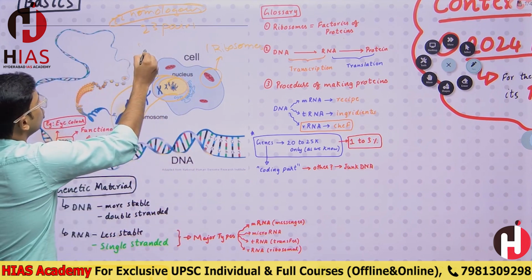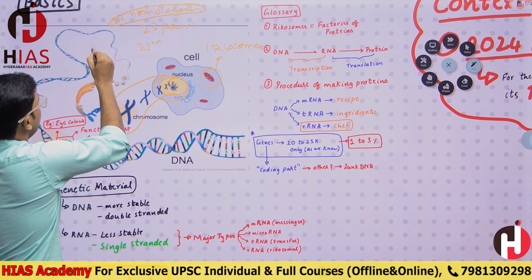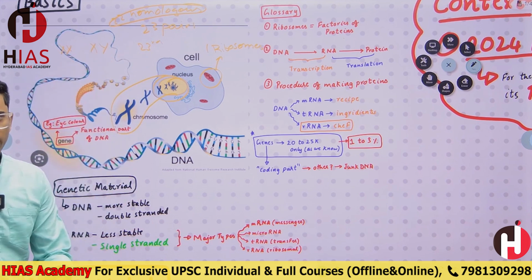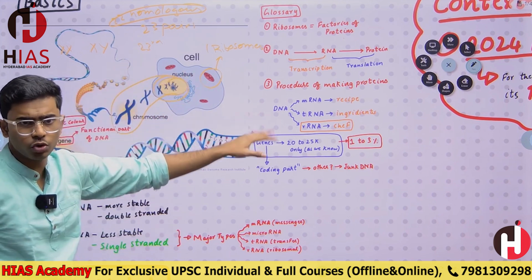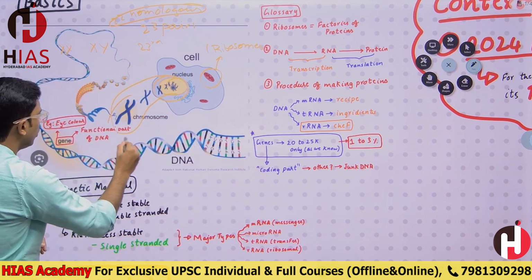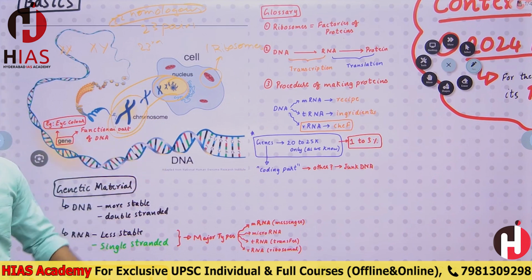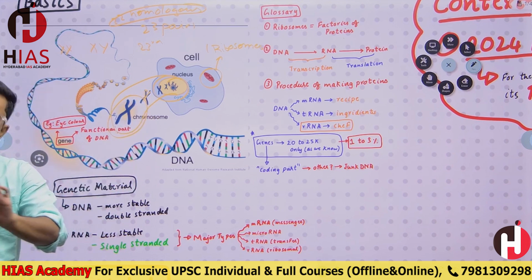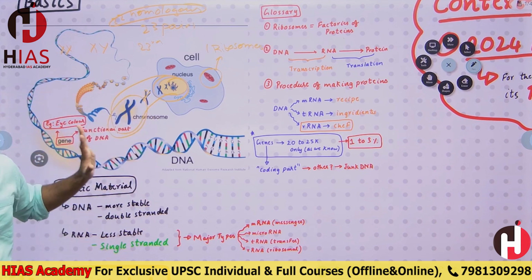And then the 23rd chromosome is sex chromosome. XY for male, XX for female, okay? We have 23 pairs of chromosomes, and this is a chromosome, okay? In chromosome also, although I didn't discuss in the class, we have two chromatids like this, okay? For now, forget about chromatids. This is a chromosome, okay?